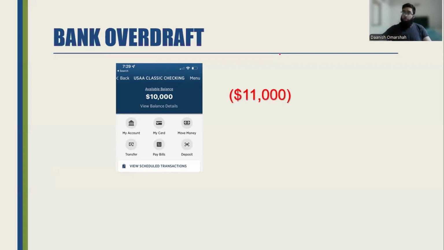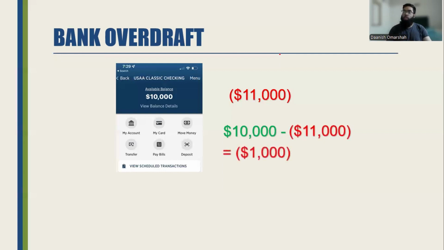Would he be able to pay the expense? Yes or no? Yes, he can pay the expense. Now, he has 10,000 in his bank account. The bank would allow him that, okay, fine, we will pay the extra expense. You can pay us later. So he paid $11,000. Now his bank account would appear as $1,000 negative.